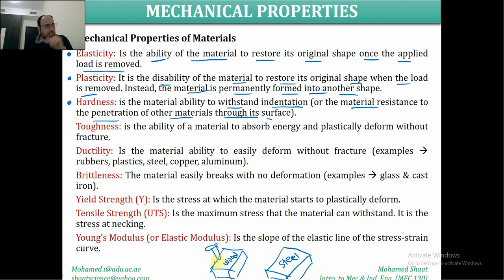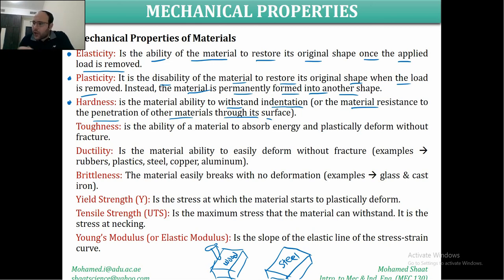But if we use the same hammer, the same person and the same nail, and we try to hammer the nail into the steel, do you think it is going to penetrate and be nailed into the steel? No. Why? Because steel has higher hardness than wood. So hardness is a measure of how easy or how difficult penetration or indentation is.